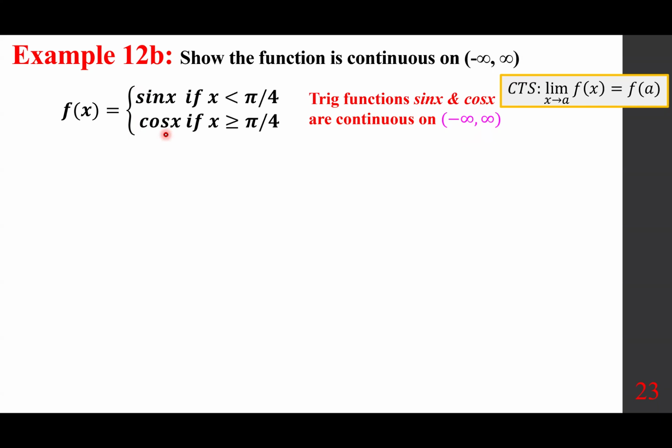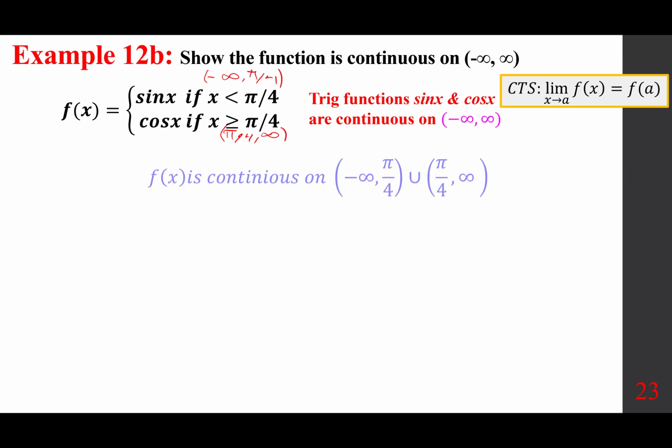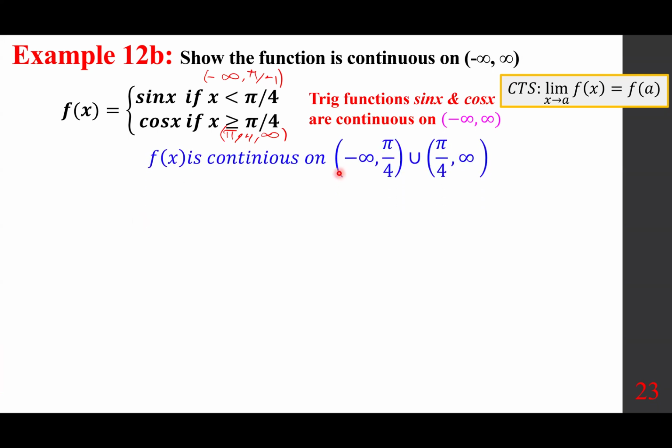And so according to this, it makes this one continuous from negative infinity to pi over 4, and makes the bottom one continuous from pi over 4 to infinity, which means the function f of x is continuous on the interval of negative infinity to pi over 4 union pi over 4 to infinity.